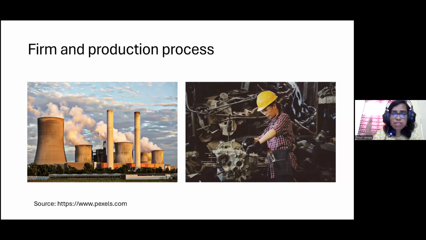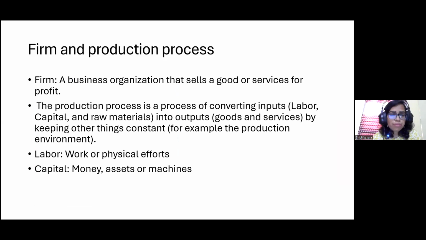That there is like a big structure where some process is going on, and there are machines and individuals or laborers, workers inside that firm, right? So in economics terminology, we say a firm is an organization, a business organization that is producing and selling goods or services for profit.